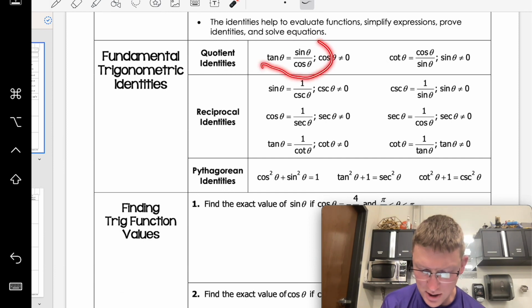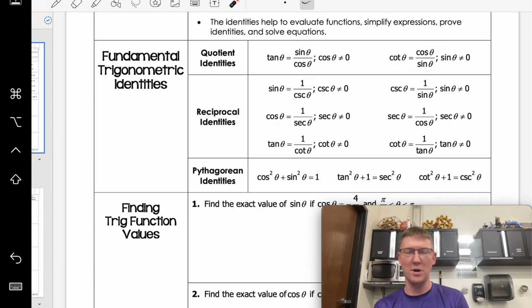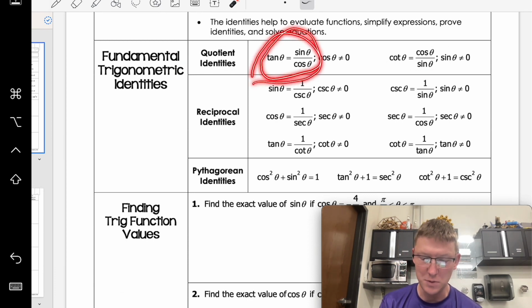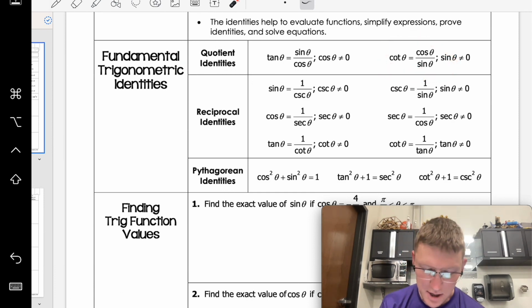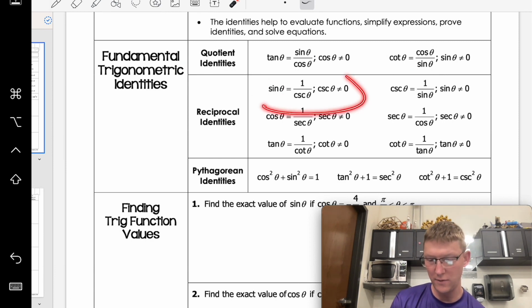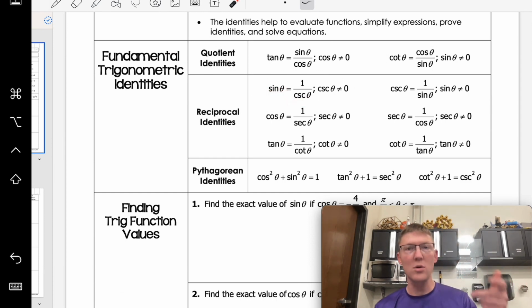Okay, so tangent is sine over cosine, and cotangent is cosine over sine. That's just the reverse. I would memorize this one and just remember that cotangent is the reciprocal. Same thing with sine. Remember, each set of trig functions needs a co in it, so sine is linked up with cosecant. Sine is the same as 1 over cosecant, and cosecant is equal to 1 over sine.